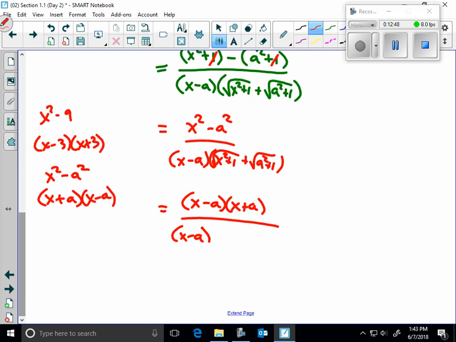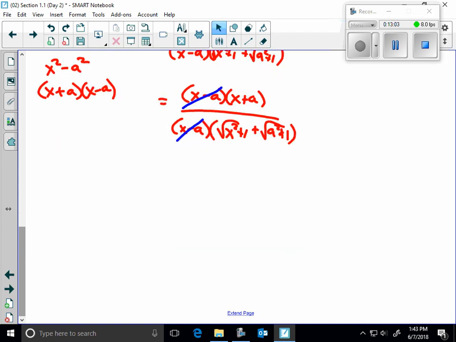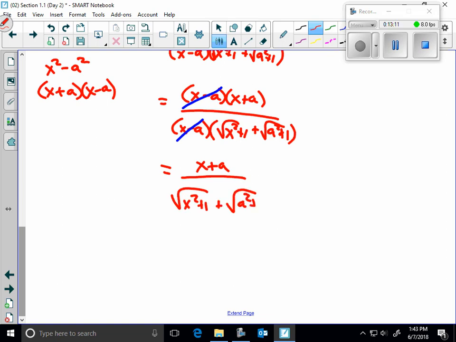And conveniently, what you'll see is that these x minus a's, they're going to cancel. And so I get a somewhat simplified version. The difference quotient comes out to give me x plus a over the square root of x squared plus 1 plus the square root of a squared plus 1. Now, right now, since it's in such general terms, it doesn't necessarily please the eye, but it will later on.